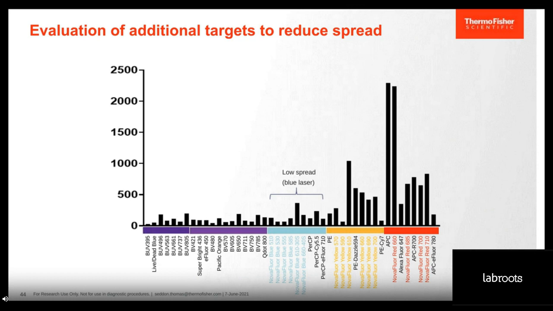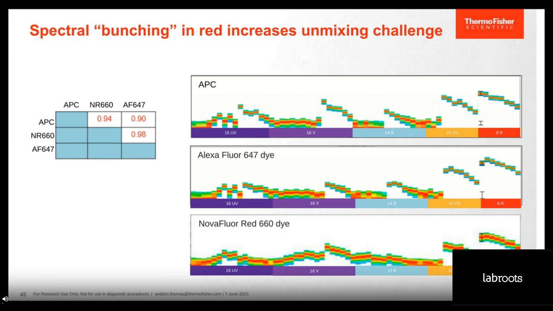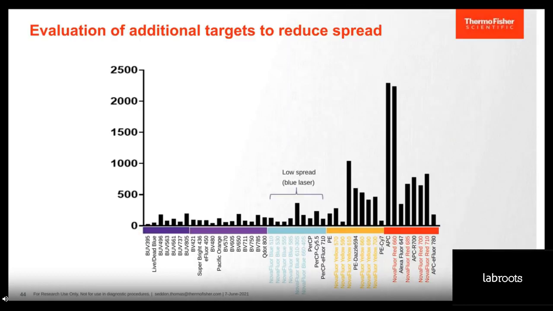Thinking ahead, one of the things I would recommend is saying, okay, maybe we don't include NovaFluor Red 660 here, and just use the APC and AlexaFluor 647 in this case, and then really look at other targets. One of the most exciting things to see was how little spread there was across a lot of the blue laser excited dyes.